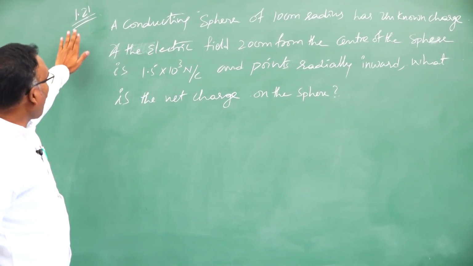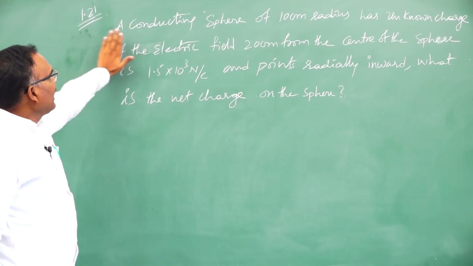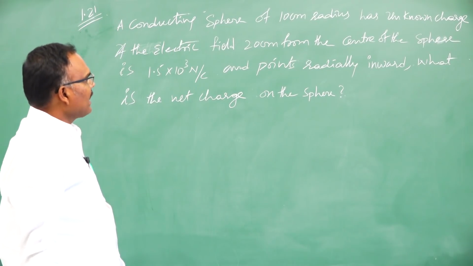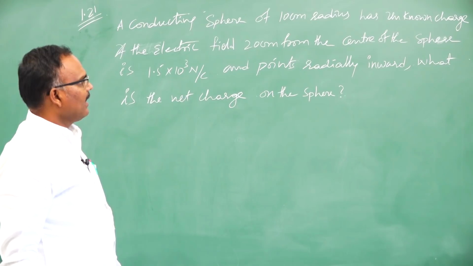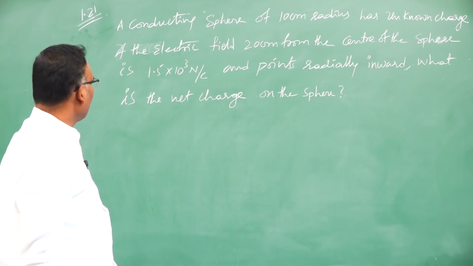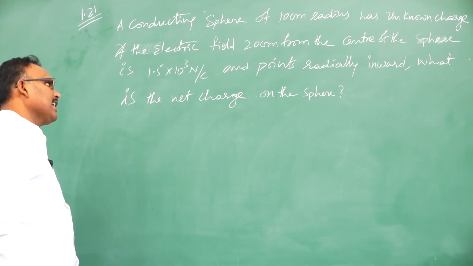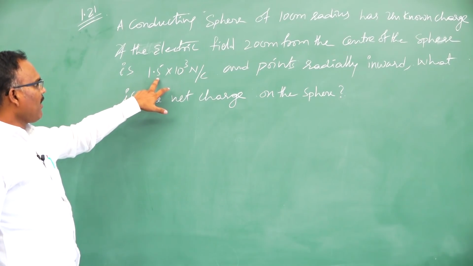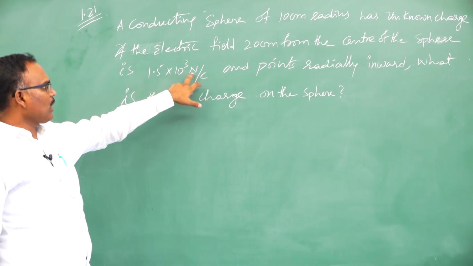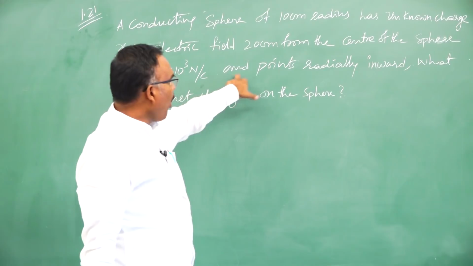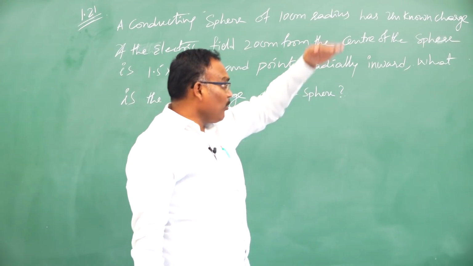Next one is 1.21. A conducting sphere of 10 centimeter radius has unknown charge. If the electric field 20 centimeters from the center of the sphere is 1.5 into 10 power 3 Newton per coulomb and points radially inward.